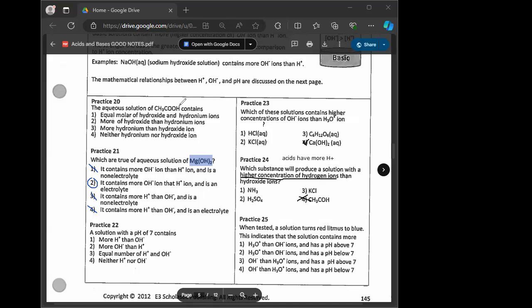Like I said, we know it's an acid because it starts with an H. So in this case, because we're looking for an acid, we're just looking for something that starts with an H, which is option 2. Okay, you can try 25.